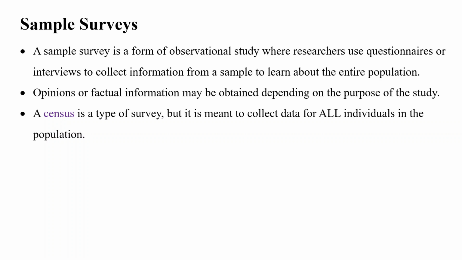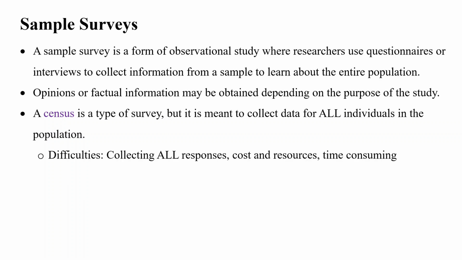And now a census is a specific type of survey, not a sample survey, but a specific type of survey where you collect data for all individuals in the population. Now, there's difficulties involved in taking a census, which is why, like in the United States, we take a census every 10 years. And it happens every 10 years because it's a lot.